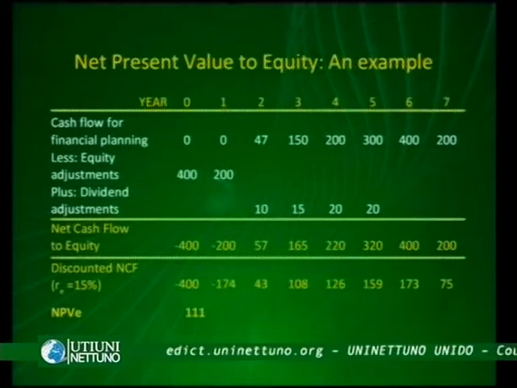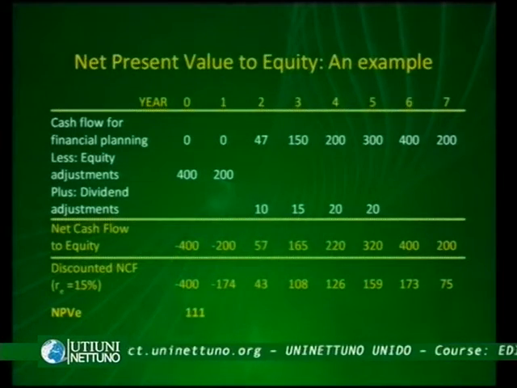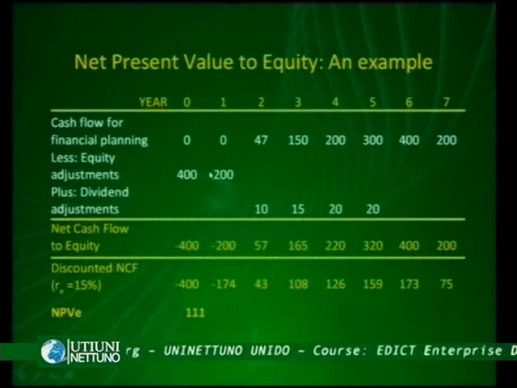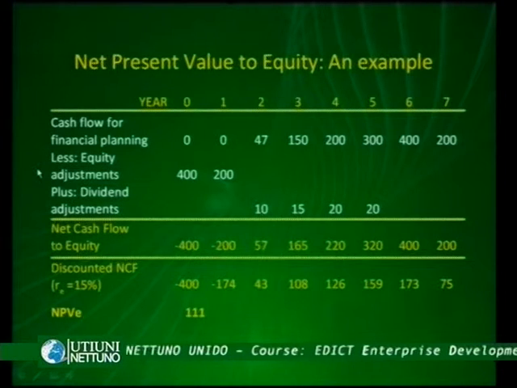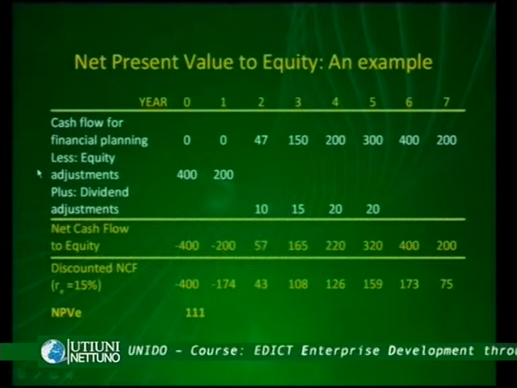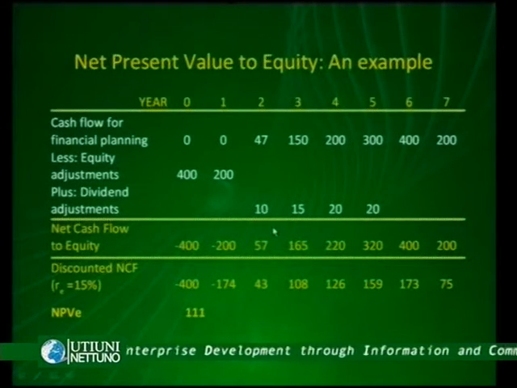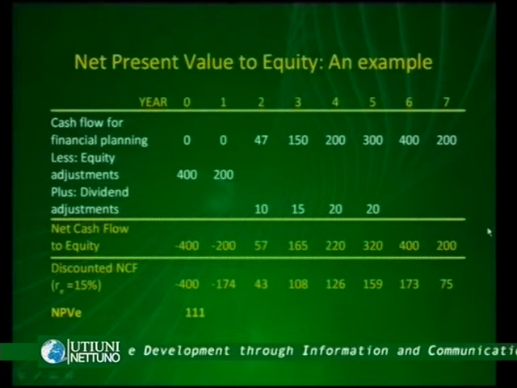So the net cash flow to equity can be calculated by making these two operations: starting from the cash flow for financial planning, that as we have already said includes all the inflows and the outflows of the project, and then subtracting equity investment, and adding up instead dividends.